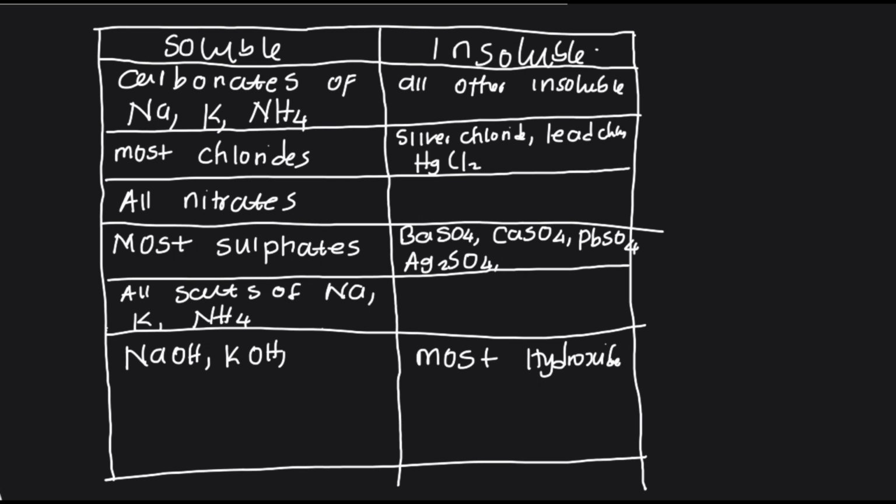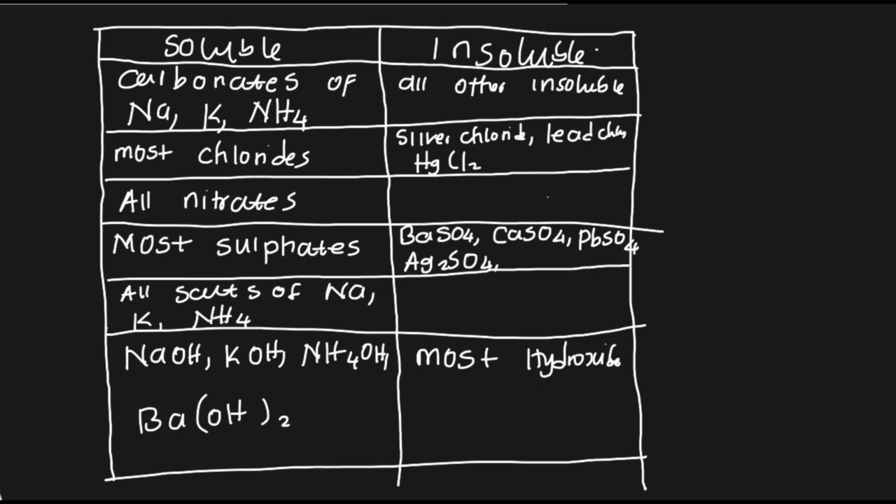Then what else? Ammonium hydroxide is soluble. Apart from ammonium, barium hydroxide is also soluble. So this is the table that you should have in mind, that should assist you in identifying if the given salt is soluble or insoluble.